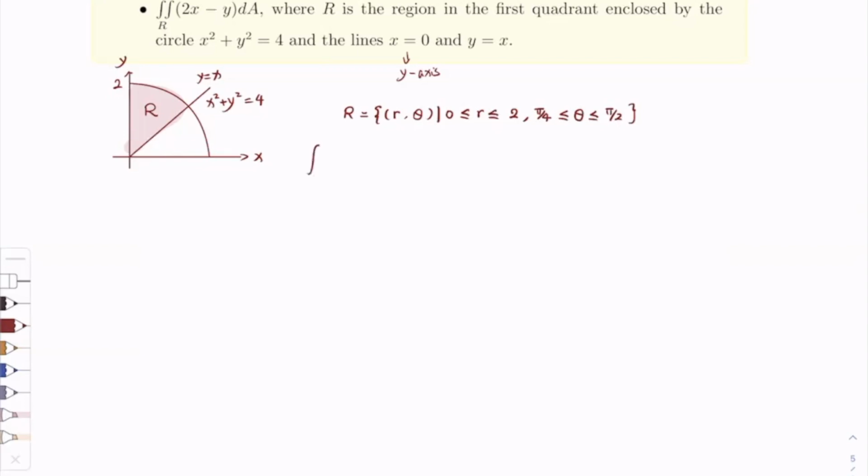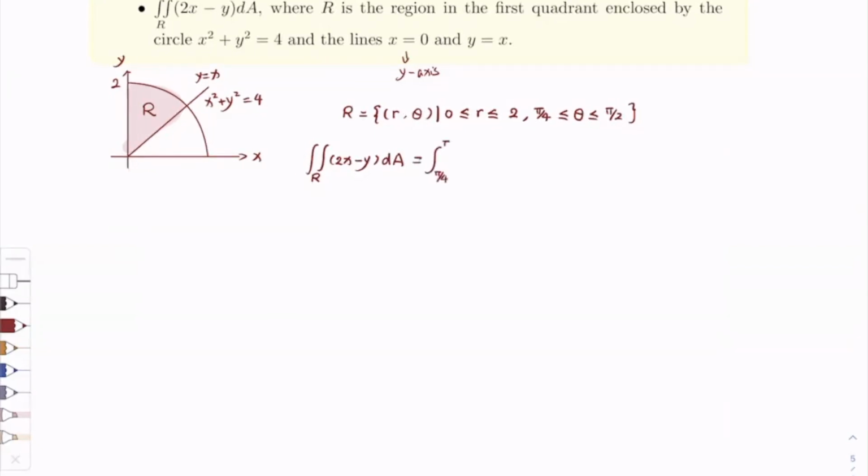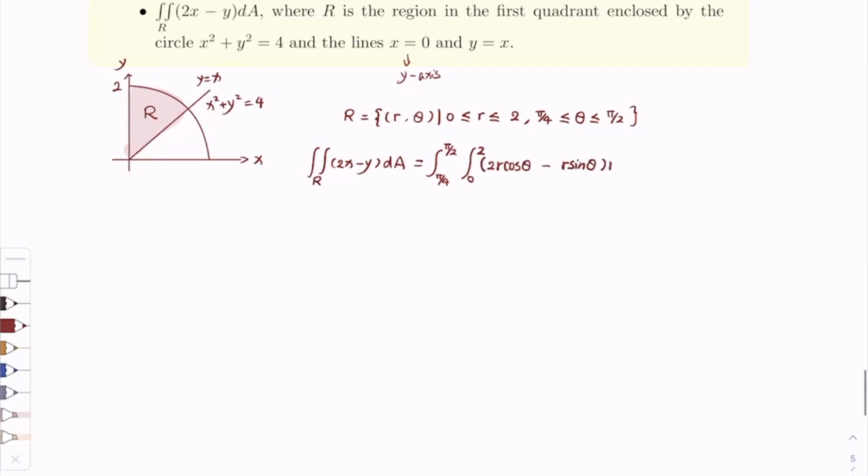So this integral of 2x minus y dA equals the integral from pi over 4 to pi over 2, 0 to 2, of 2x, where x equals r cosine theta, so 2 r cos theta minus r sine theta, because that's y, and then r dr d theta.